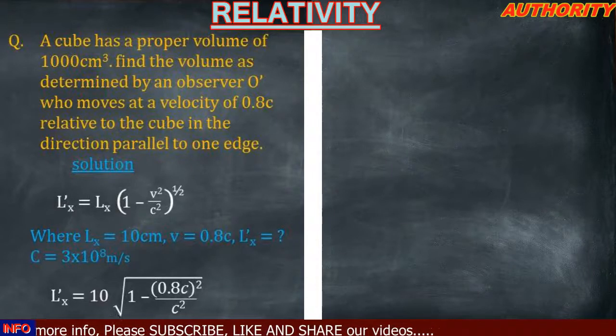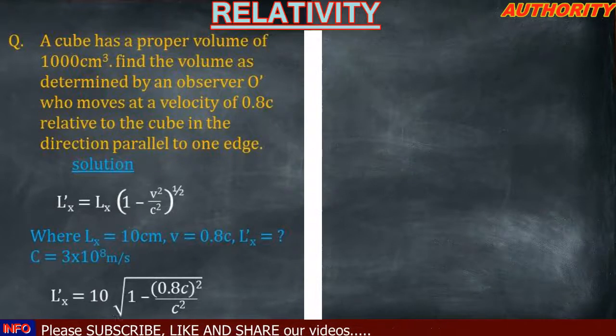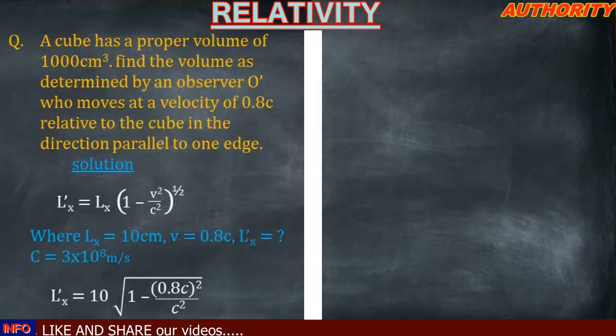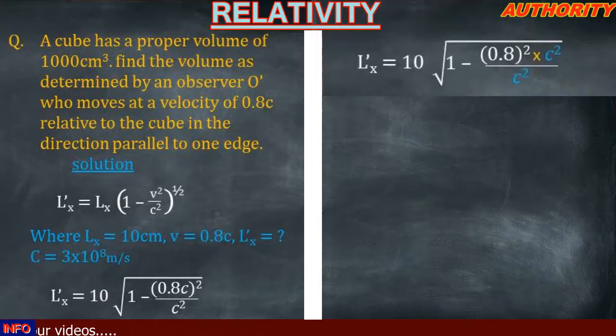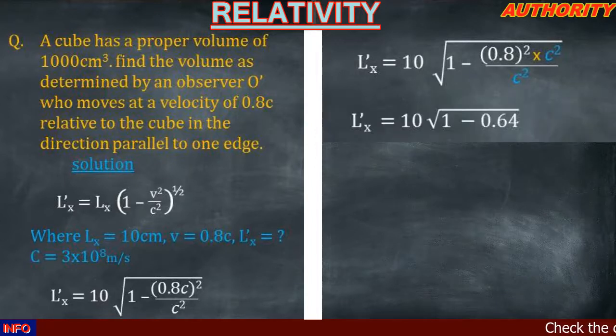Good. Now L prime subscript x, that is contracted length, is going to give us 10 multiplied by, this 0.8 c in bracket squared can be written as 0.8 in bracket squared times c squared, right? Now all over c squared. So the c squared in numerator will cancel c squared in denominator. So we're going to be left with 10 multiplied by square root of 1 minus, when you say 0.8 squared, it's going to give us 0.64, right?